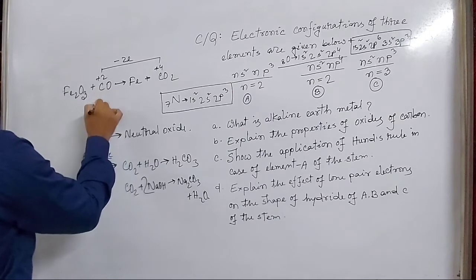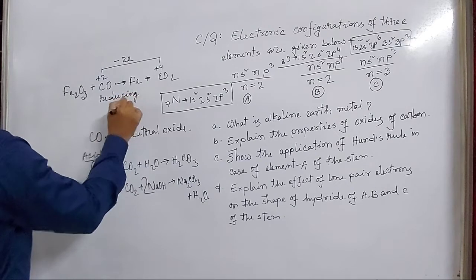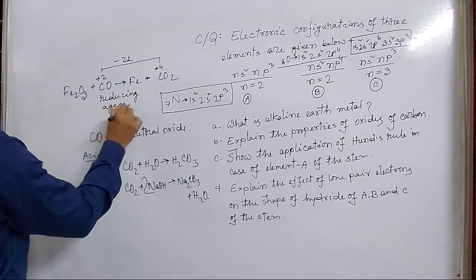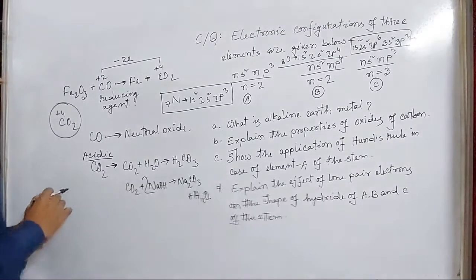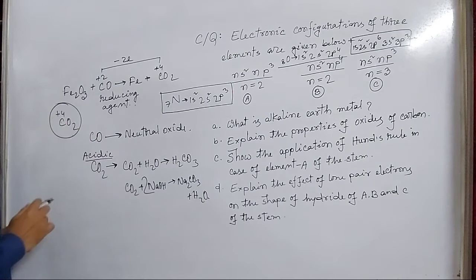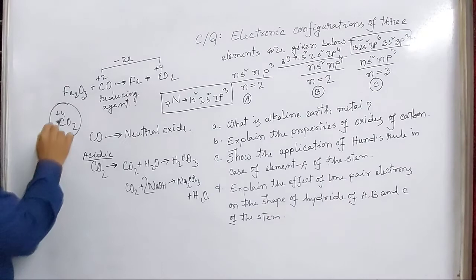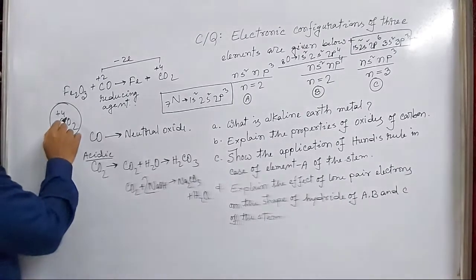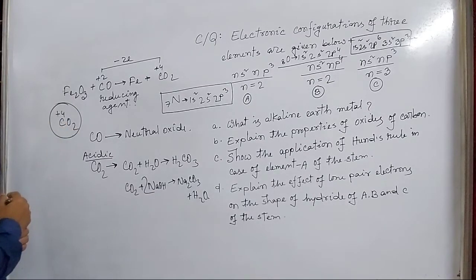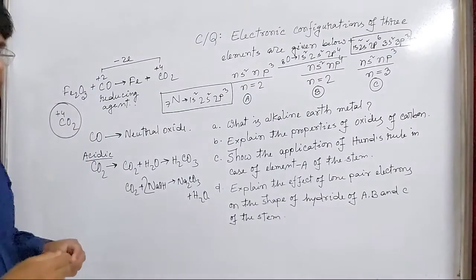That is why carbon monoxide is a reducing agent. But dear students, carbon dioxide is not a reducing agent because its oxidation number is +4 and this is the maximum oxidation number of carbon, and there is no scope of releasing any electrons by carbon. That is why carbon can't behave like a reducing agent.